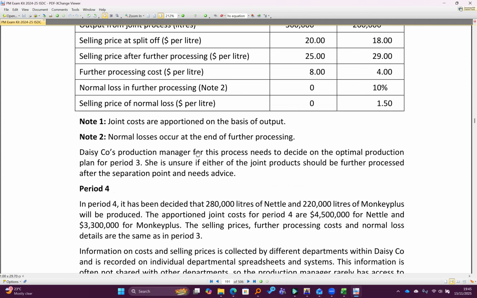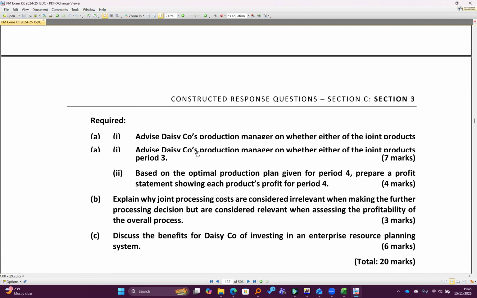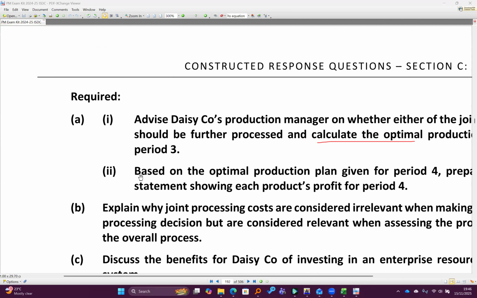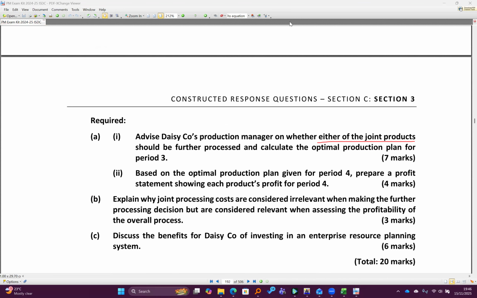So it also deals with the decision to be made. But in this case, they are asking us to advise on whether either of the joint products should be further processed and also get the optimum production plan for period 3. So we shall see how to deal with joint products.